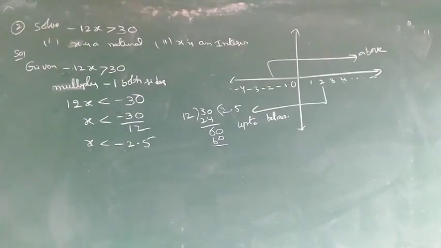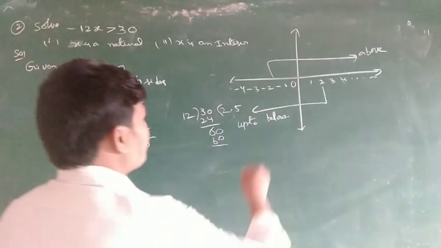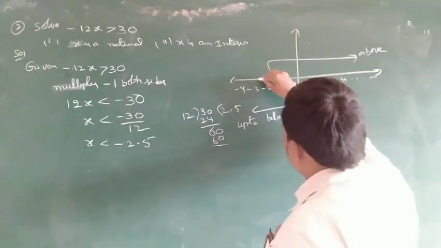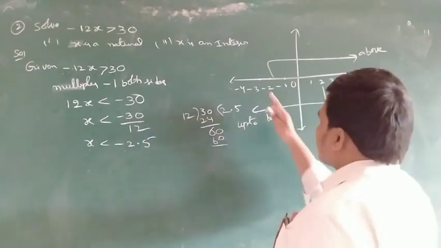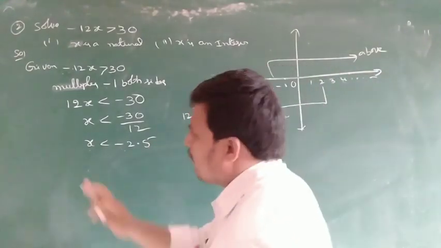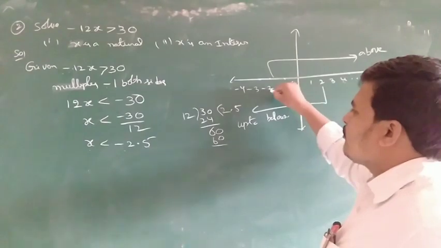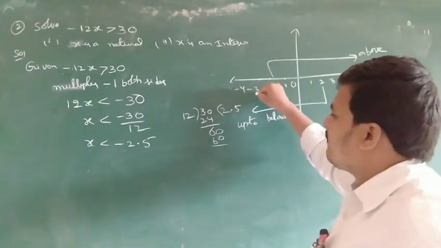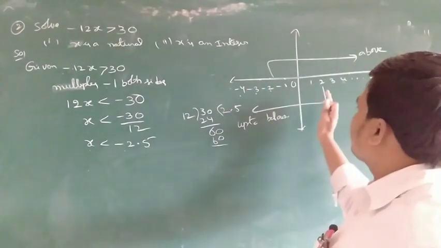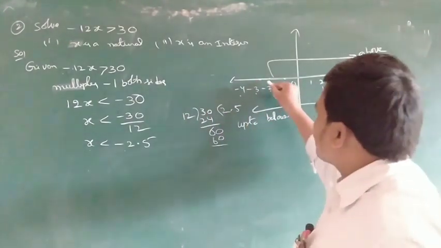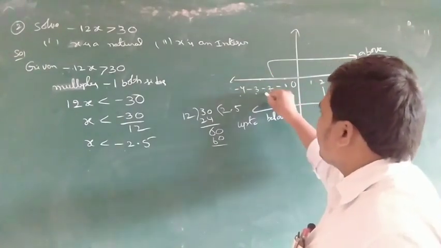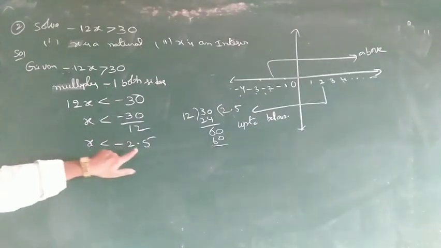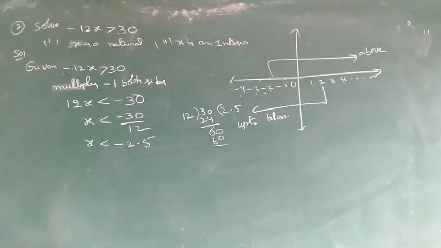So below minus 2.5 are the values, minus 3, minus 4. Below means right to left. Minus 2.5, come to minus 2.5 and go to the left.